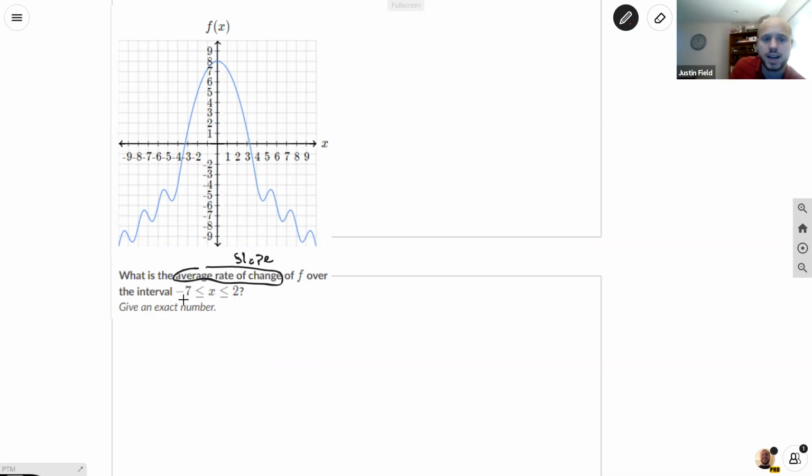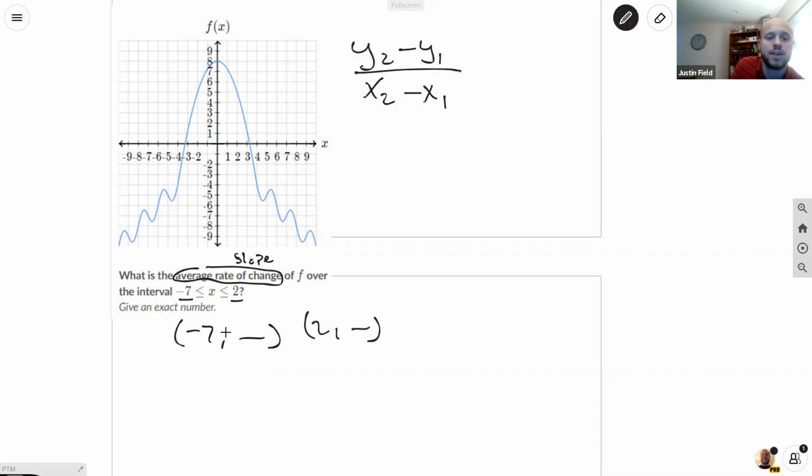So they give us the x values. And we know that the slope is y2 minus y1 over x2 minus x1. And we have our x's. So what are our y's? In other words, we know -7 something and we know 2 something. So let's just look at the graph.